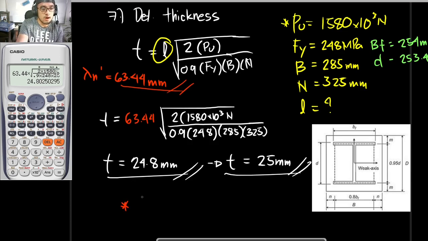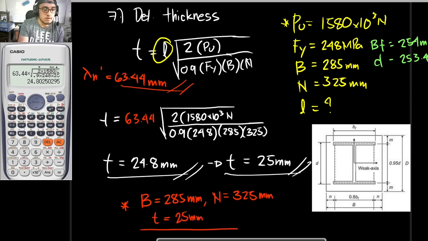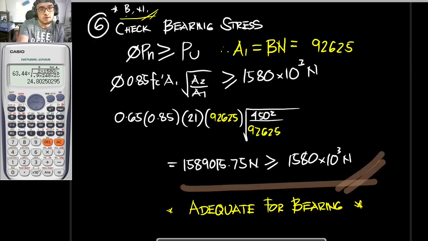So ang ating B would be 285 mm. Ating D or ang N natin. So ang ating depth ng base plate would be 325 mm, and the thickness of our base plate would be 25 mm. So yan yung dimensions ng ating base plate.